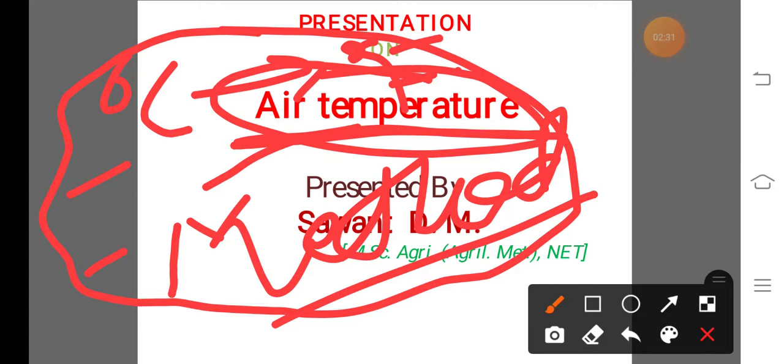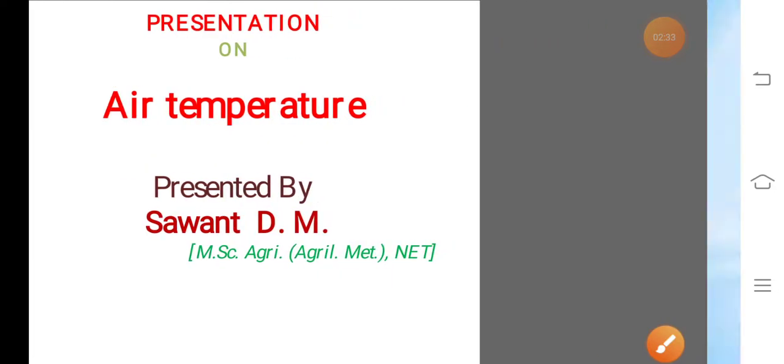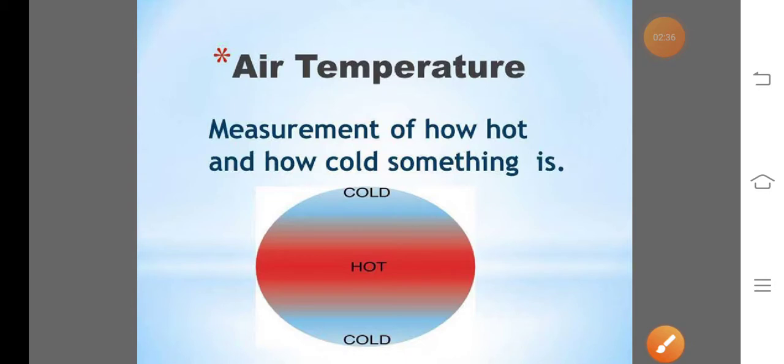So first we discuss what is meant by air temperature or what is meant by temperature, also insolation, and after that we discuss the different instruments or different methods used for the measurement of air temperature.